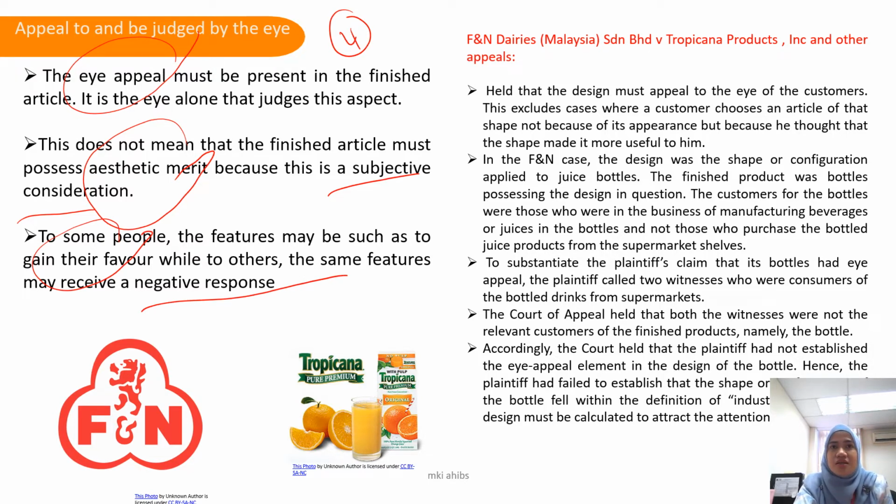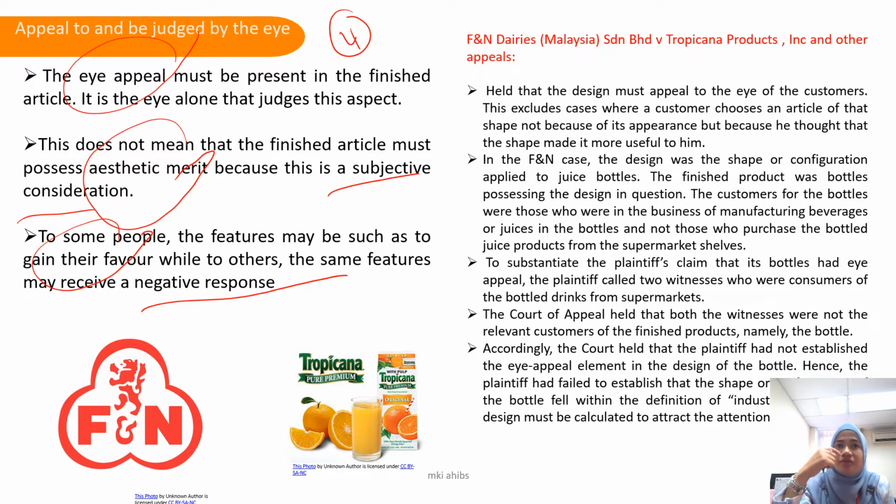Cantik dekat A tak semestinya cantik dekat B, but still for the ID it must be appealed to and adjudged by the eye. So why? Because we are actually looking at the appearance of that particular product, not on how you come out with the article, not how you invented the article.